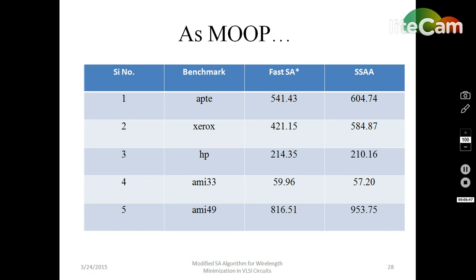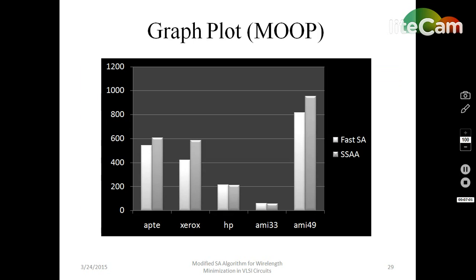When I simulated it this way, I got the results as tabulated. The FSA, that is, fast simulated annealing, I have marked as star; these results I have taken from the literature. In the graph plot, we can see the SSAA is always more than the FSA, which means that it maximizes the problem and does not minimize any parameter. So this is the result when we consider this problem as a multi-objective optimization problem.